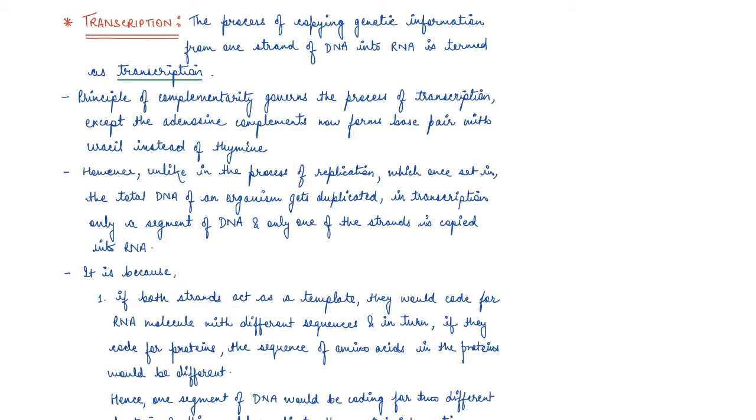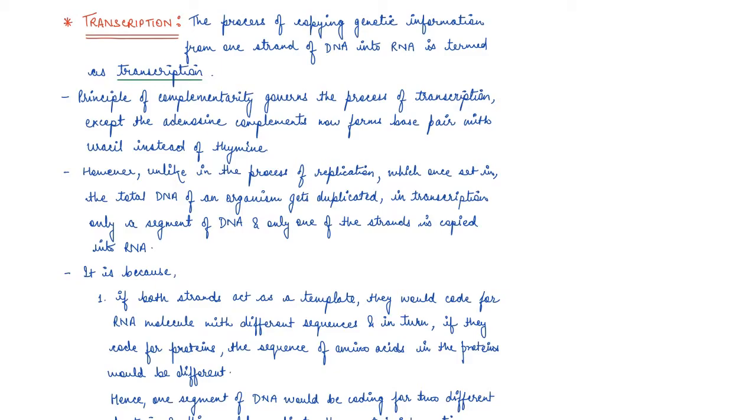So let's start with transcription. The way we studied replication is that the entire DNA replicates or copies itself. Transcription is basically the process of copying genetic material from DNA into RNA.